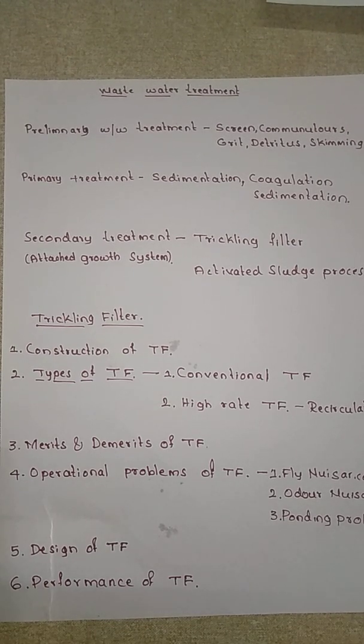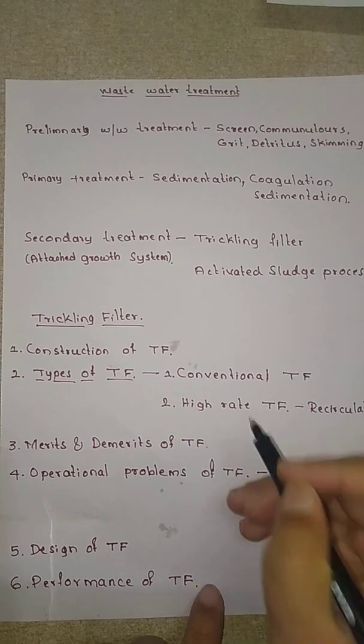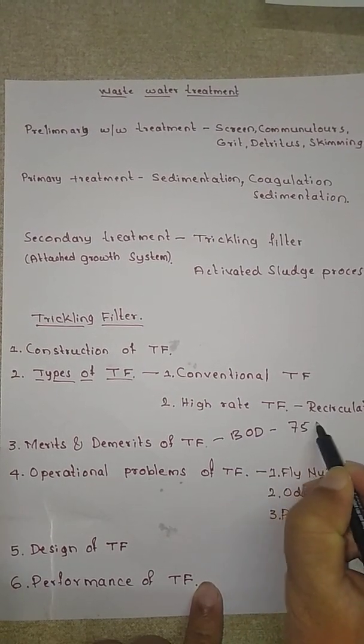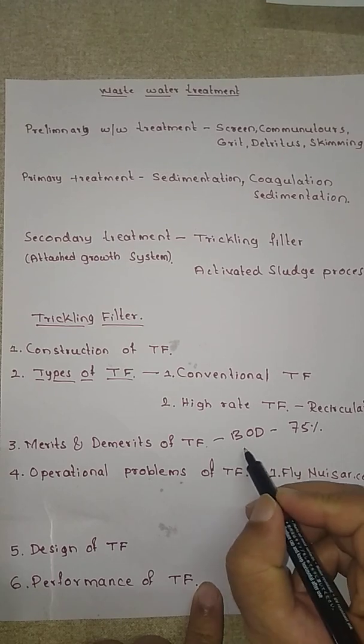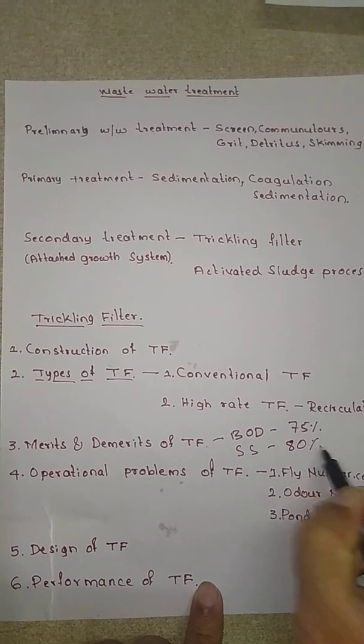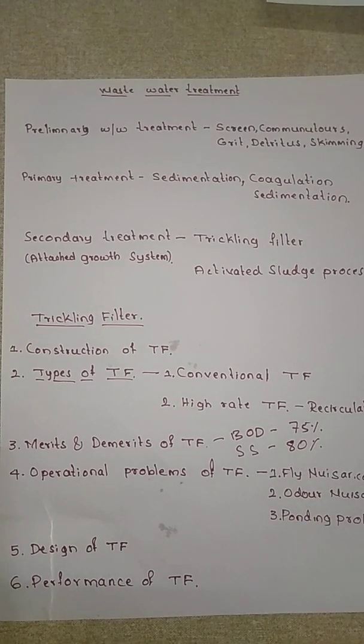The effluent obtained from the trickling filter will have a BOD removal capacity of around 75%, and a suspended solids removal capacity of around 80% of the suspended particles.